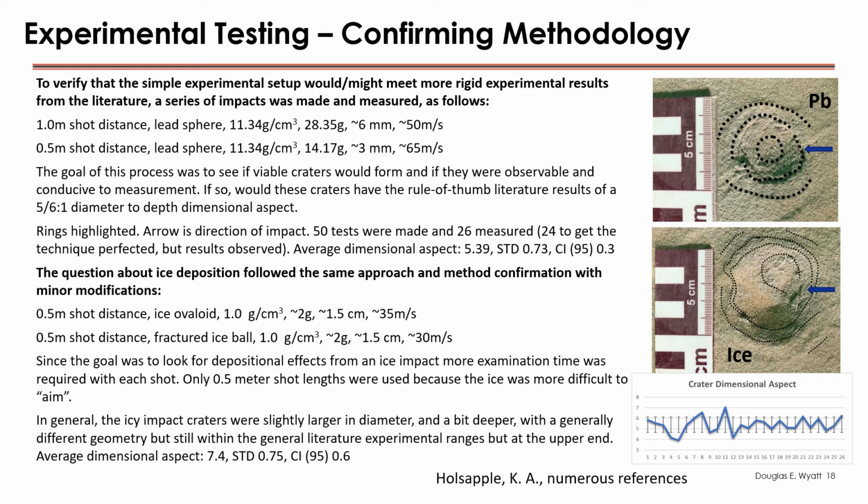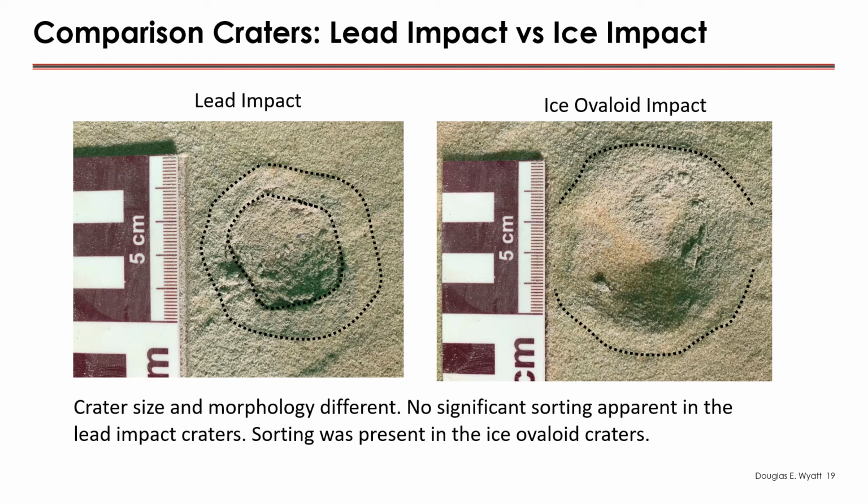Okay, and it was this that got me thinking about this concept of the tumultuites, and that there might be some truth there. So, expanded a little bit. Here's a lead impact crater on the left and an ice ovoid impact crater on the right. And you can immediately see, just from the image alone, that there are 3 distinct areas where the particle size has been sorted by the impact.